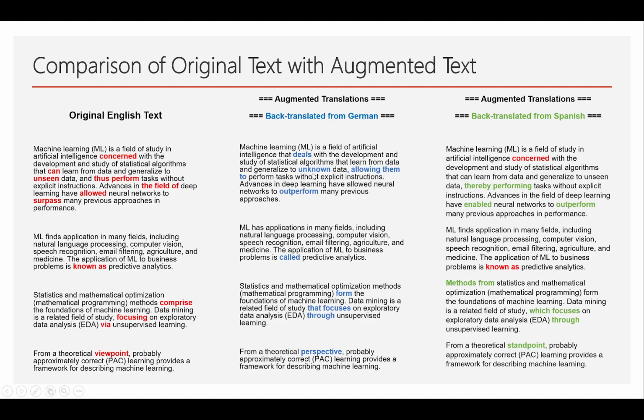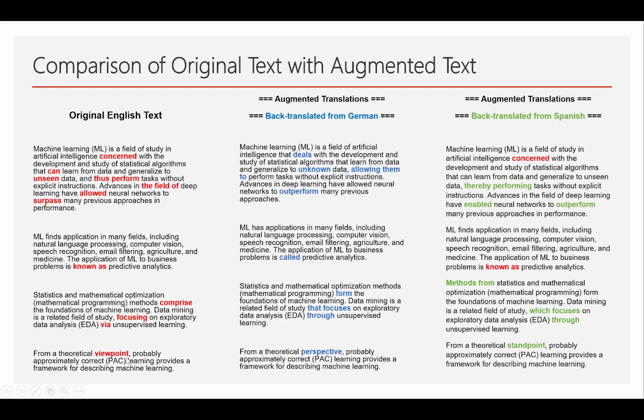And here it says "can learn from the data and generalize to unseen data". So it says "unknown data" here. Okay, and here it uses "unseen data", and it says "thus perform tasks". Okay, so here it says "allowing them to perform tasks", and here it says "thereby performing tasks".